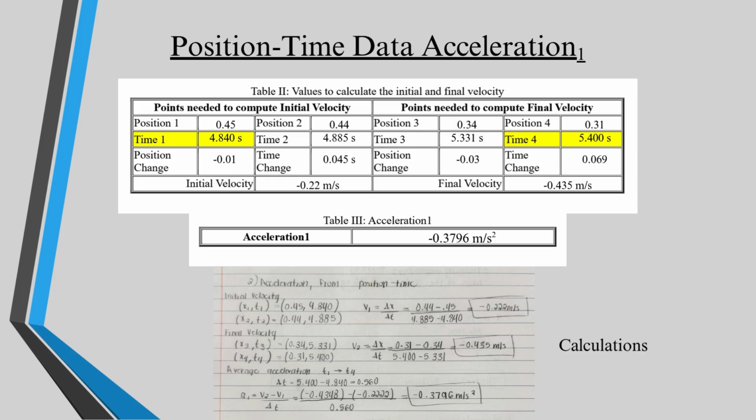With these 4 points, we used them to calculate the initial velocity between point 1 and 2, and the final velocity between points 3 and 4, using the equation velocity equals final position minus initial position over final time minus initial time.